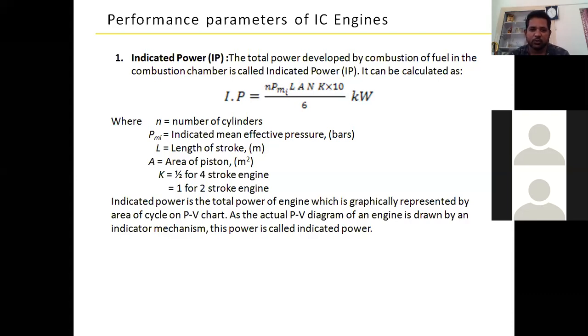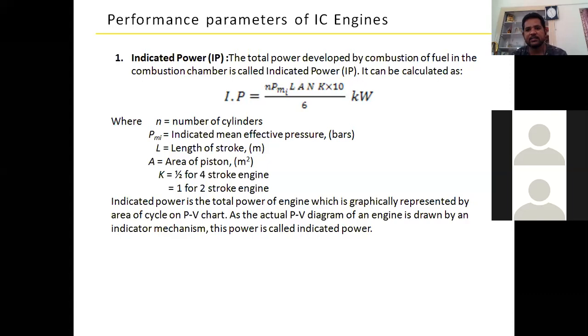Using these performance parameters, it is not there in your syllabus, but any design or analysis taking place based on these parameters will at the end produce the heat balance sheet, showing how exactly the engine is performing in terms of the cylinder and in terms of the shaft, because the whole thing is a conversion from thermal energy into mechanical energy.